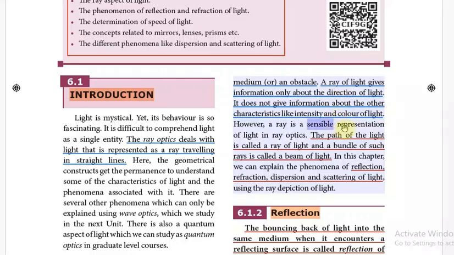However, a ray is a sensible representation of light in ray optics. The path of the light is called a ray of light and a bundle of such rays is called a beam of light. In this chapter, we can explain the phenomena of reflection, refraction, dispersion and scattering of light, using the ray depiction of light.